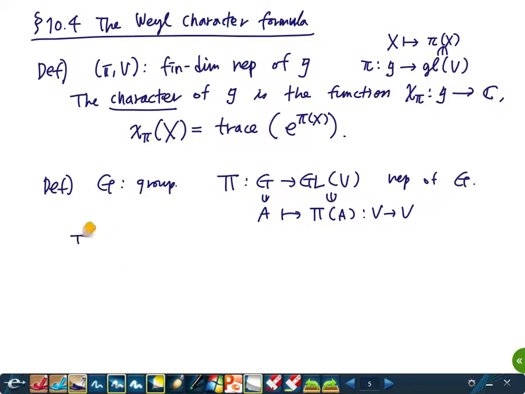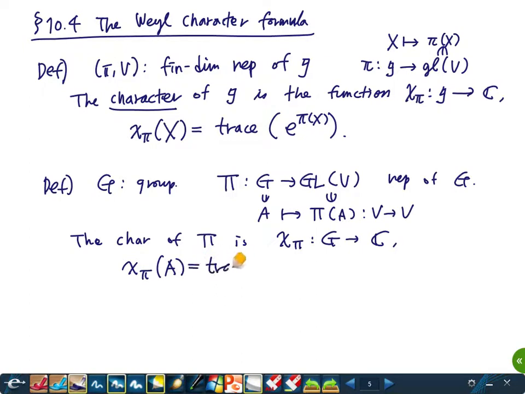Then the character of a group representation pi is defined to be the map from G to the complex numbers given by this formula. This is chi, by the way. Now it's really the trace of the linear transformation, right? Usually it's defined like that. This is a common definition for the group representation.